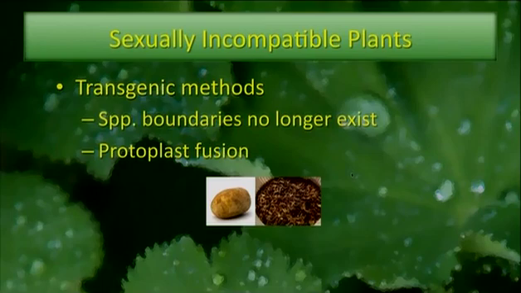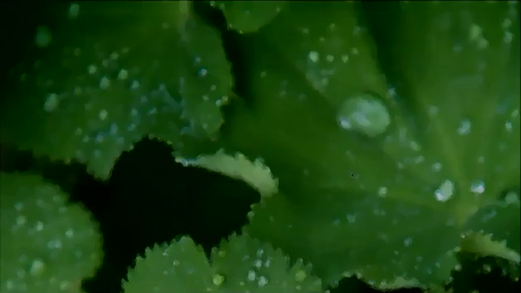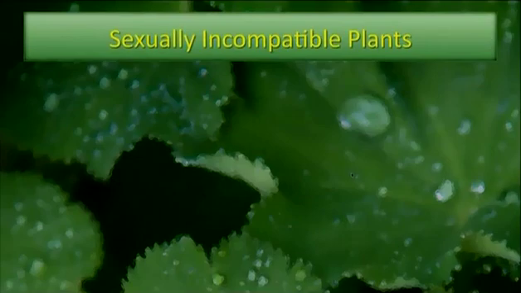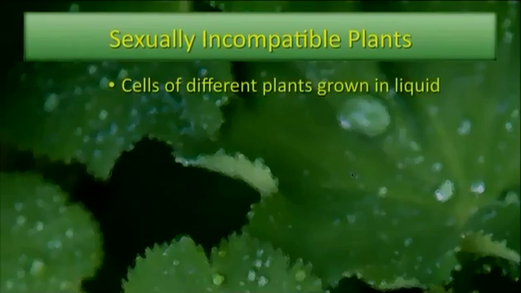So what happens in protoplast fusion is that generally cells of different plants are grown in liquid media with nutrients added inside. They remove the cell walls because, of course, plants have cell walls, remember from a long time ago.